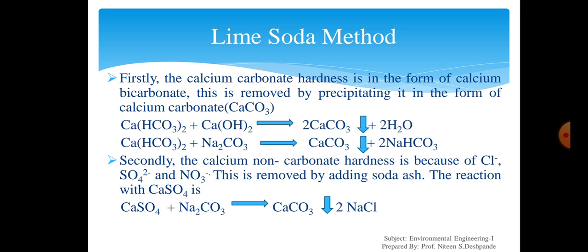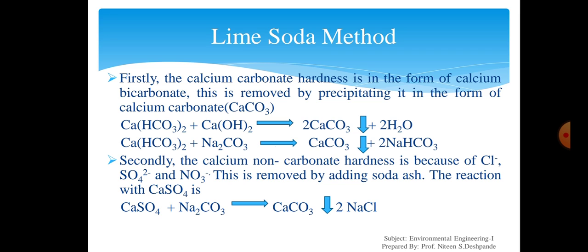First we have to remove the carbonate hardness, which is in the form of calcium bicarbonate, and the reaction which takes place is Ca(HCO3)2 plus Ca(OH)2, which gives 2 CaCO3, which will precipitate, and 2 H2O. So a calcium carbonate precipitate will be formed, and we know that calcium carbonate is insoluble in water, therefore the hardness will get removed.